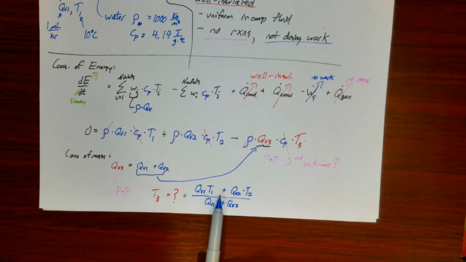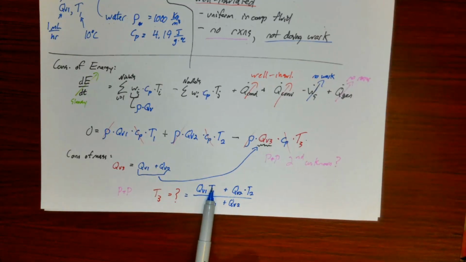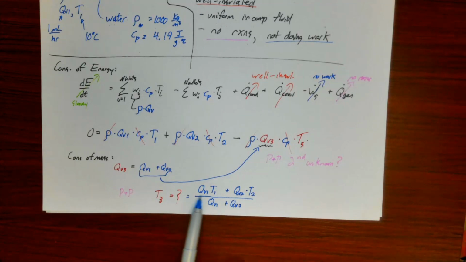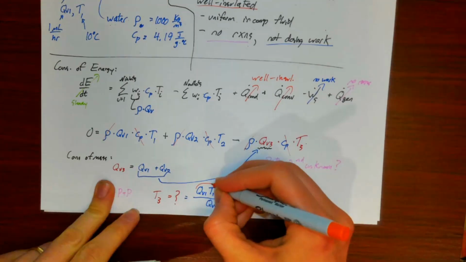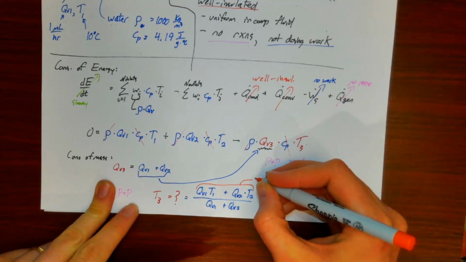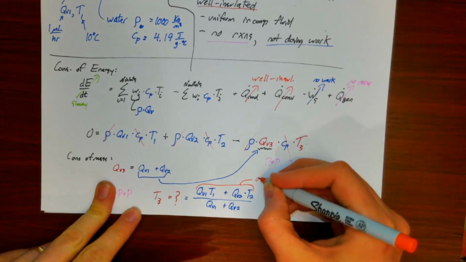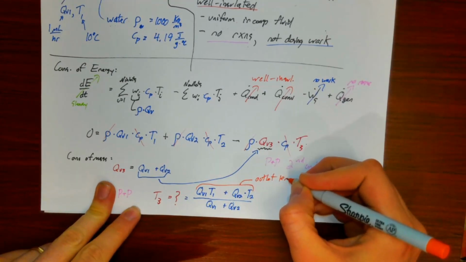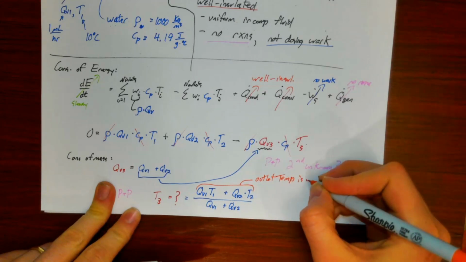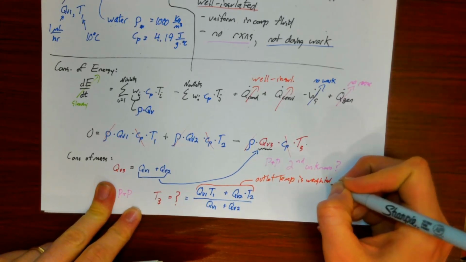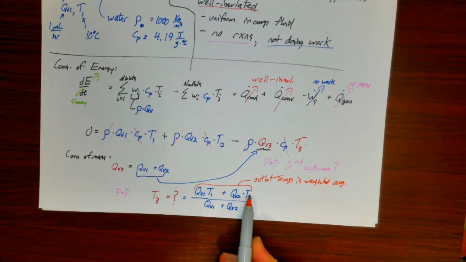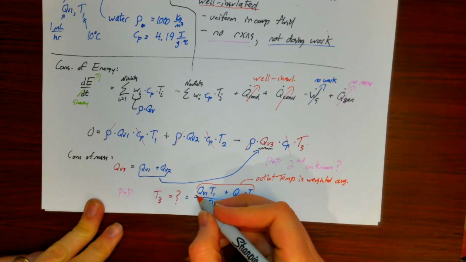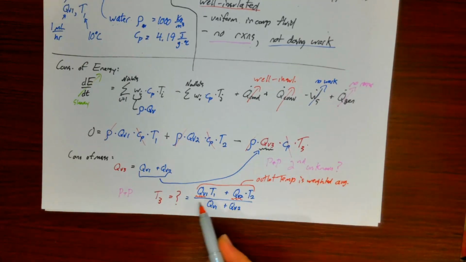We can check the units and see that we have volumetric flow rate times temperature divided by volumetric flow rate, so yes, it makes sense that this is a temperature. And if we think physically about what's going on here, the outlet temperature is essentially a weighted average of the two inlet temperatures, where the weighting factors are the two volumetric flow rates.